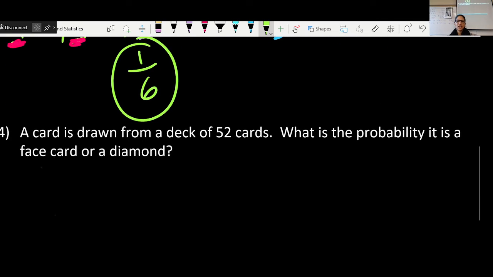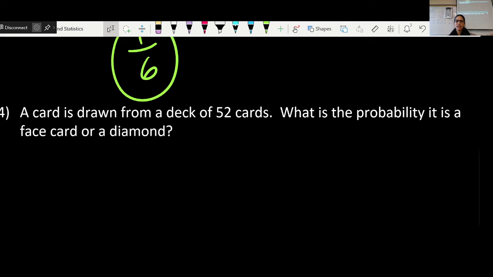Okay, a card is drawn from a deck of 52 cards. What's the probability it is a face card or a diamond? I actually don't think we've done anything that has one or the other. And that has another strategy that I need to go through with you. So, first of all, tell me this.